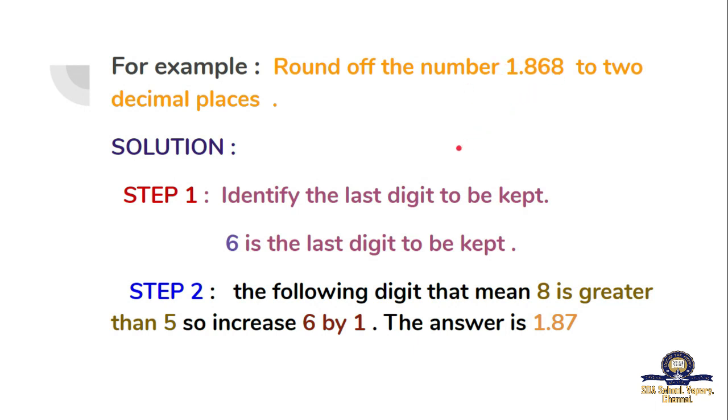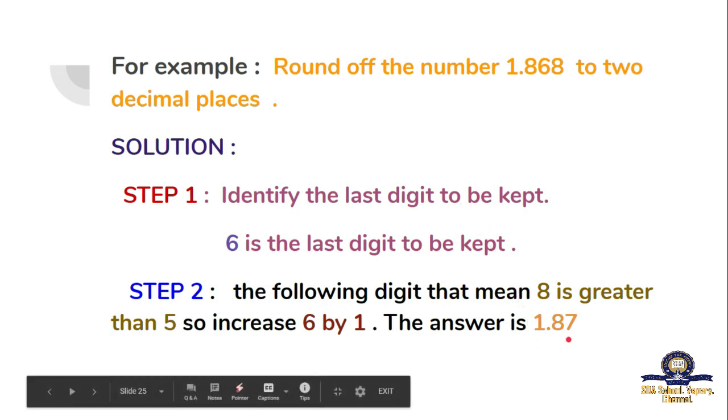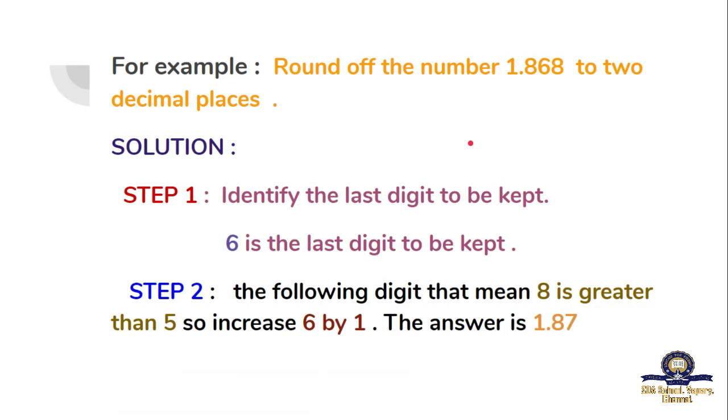The digit in the 1000th place is 8. As I said, if the digit is 5 or greater than 5, increase it by 1. So, the answer is 1.87.